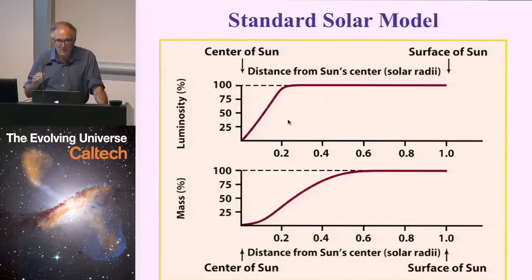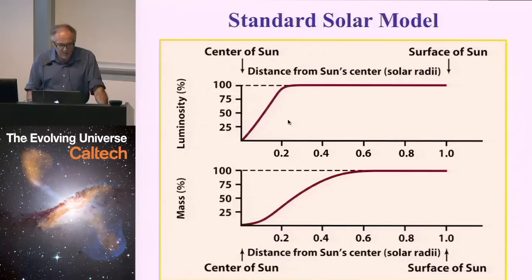At some point, density and temperature drop sufficiently that you can no longer do nuclear fusion, and then it remains constant. So solar luminosity is established somewhere deep inside the sun. The mass as a function of radius depends on the density distribution. It's denser in the middle than outside, and so here you see roughly how that works. So by about half the solar radius, you have 90% of the solar mass.